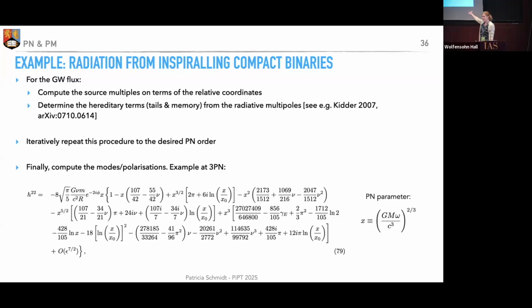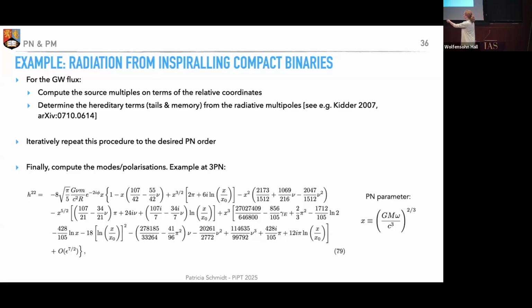And I've put down here explicitly from the Kidder paper the 2-2 mode. So remember, this was our mode decomposition of the plus and cross polarization using the radiative multipole moments. And you'll see this is what comes out here. So we have here the phasing term. So we still need to solve our phase evolution equation to actually evaluate this, right?